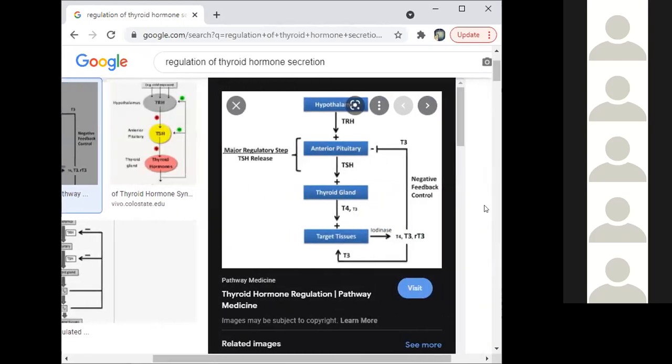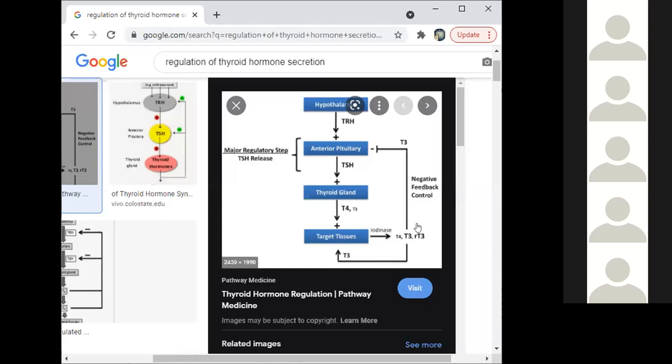The schematic diagram shows the hypothalamus, anterior pituitary, thyroid gland, and target tissues. The whole synthesis and regulation pathway is dependent on these four things.